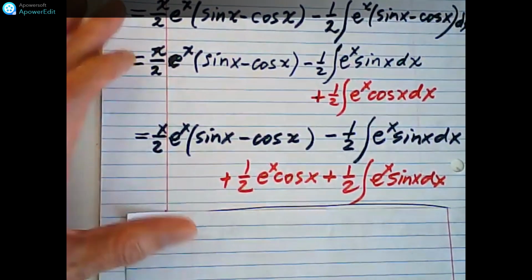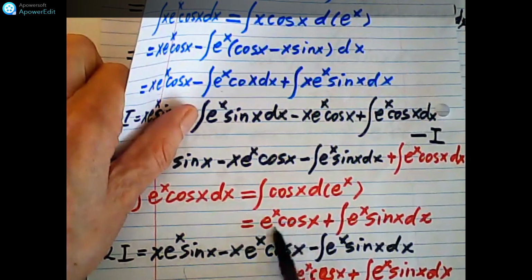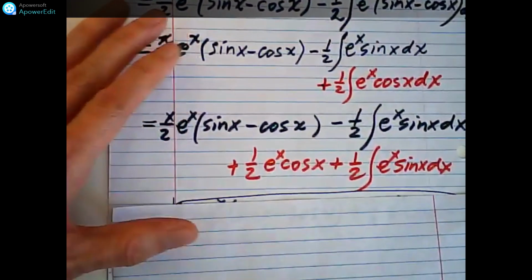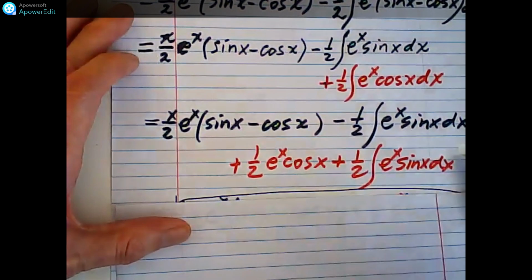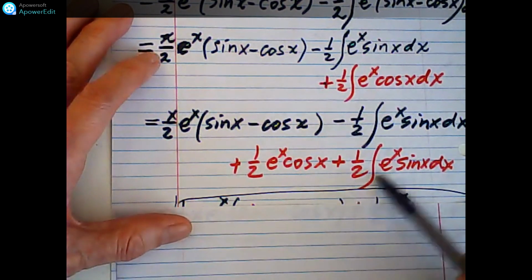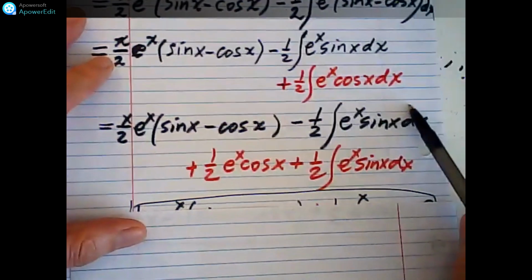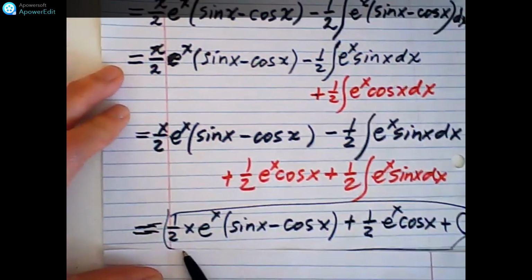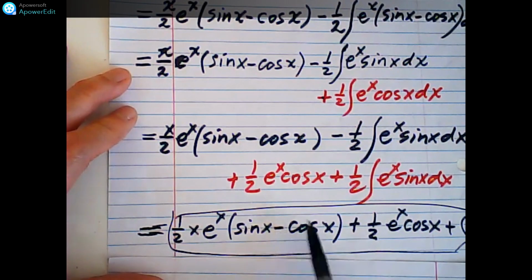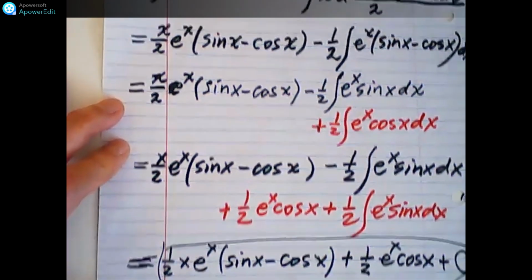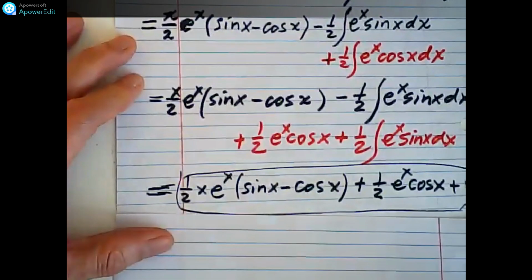Okay, let me see it again. Okay. That integral is this. All right, then this one cancels with that one. This cancels out. So I get the result, this one plus this one plus c. That is the result of this integral by method 2.